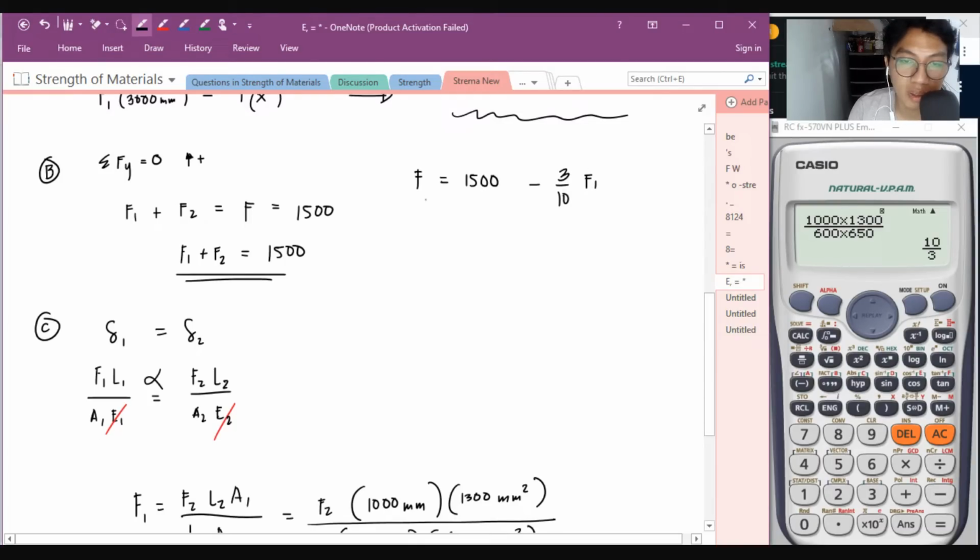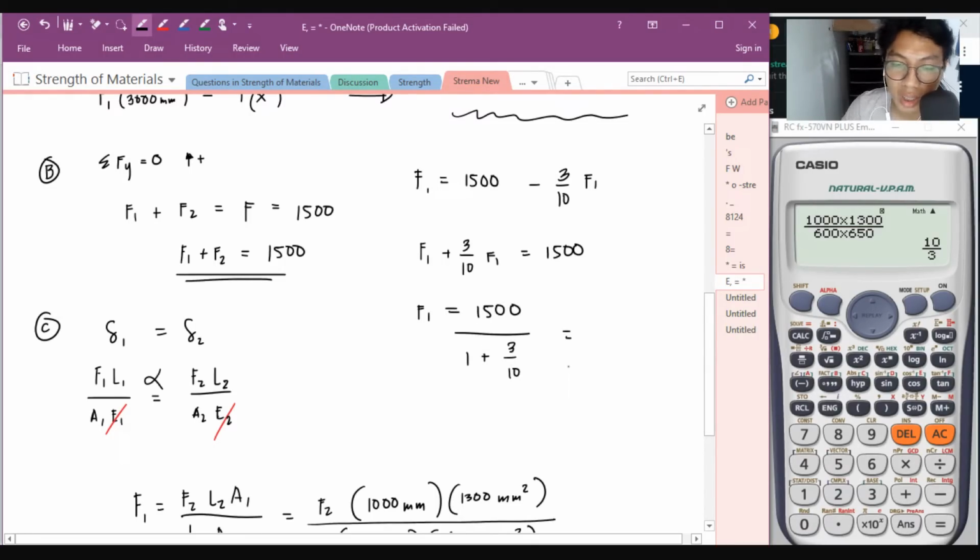Pagsamahin ko yung parehas, F1. So, F1 plus 3 over 10 F1 equal to 1,500. So, F1 is equal to 1,500 divided by 1 plus 3 over 10.